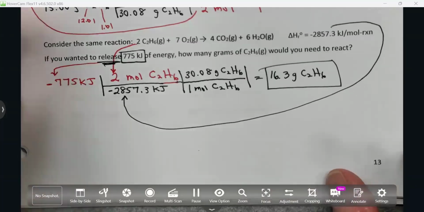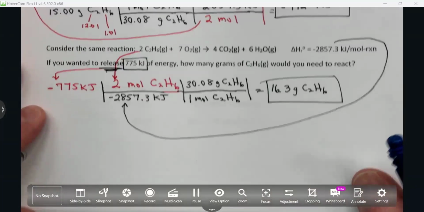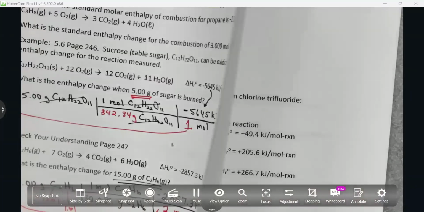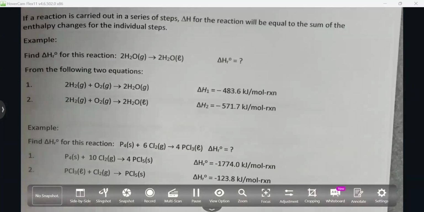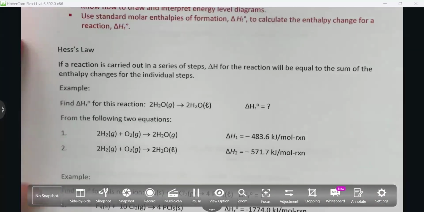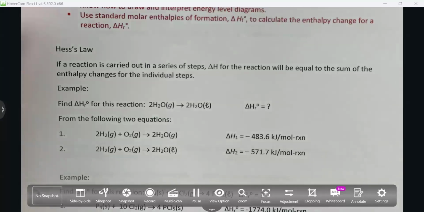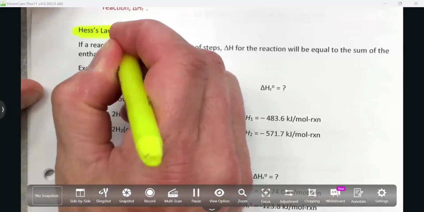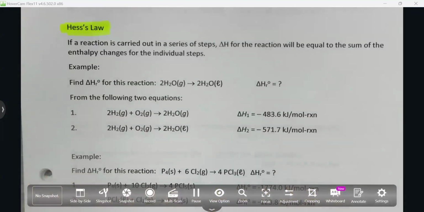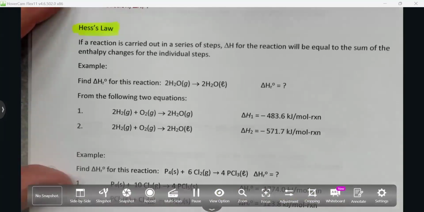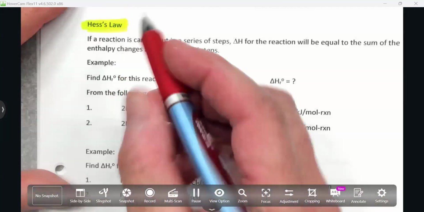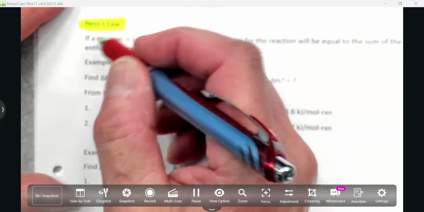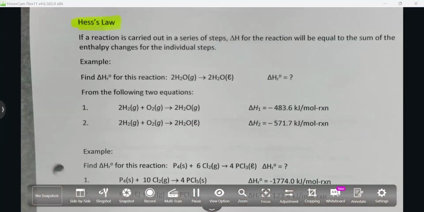All right, I'm not going to do that example up there. Let's go to the next page. So, Hess's law. Now, we'll use Hess's law if we have a reaction that's going to take way too long, or it's too dangerous, or you don't have the supplies to do it.